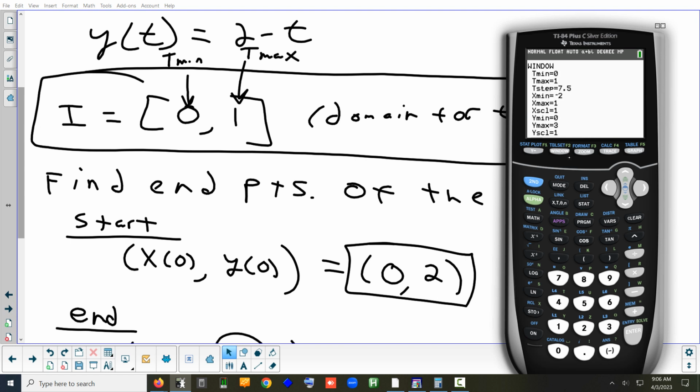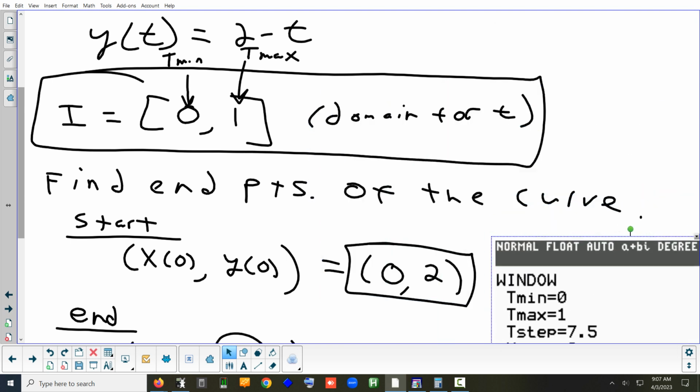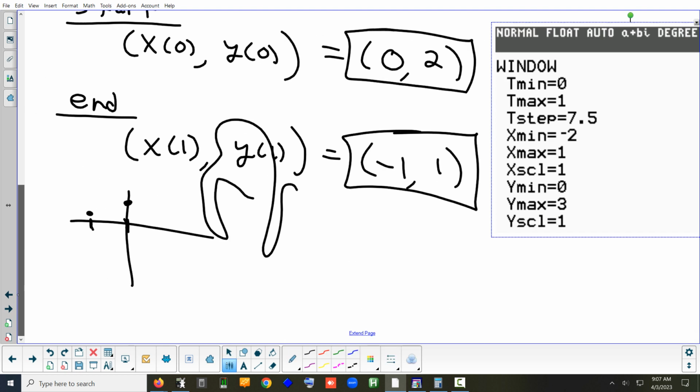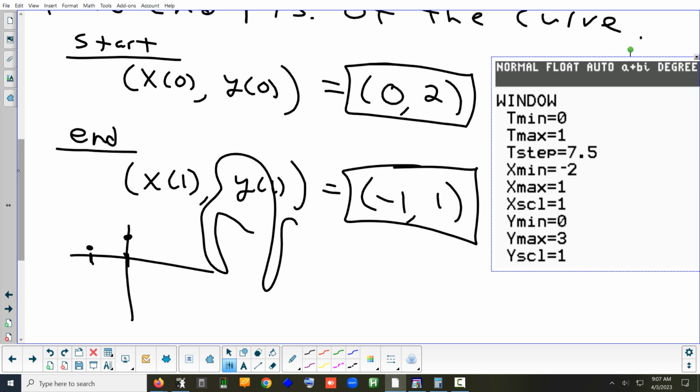Okay, so t-step. What t-step controls is how many points are going to be graphed when you do this picture. So let's say we set a t-step of 0.1. This is what would happen. The calculator is going to start at the minimum. It's going to go all the way to the maximum. And it's going to add 0.1 every time to t, and then graph that value.